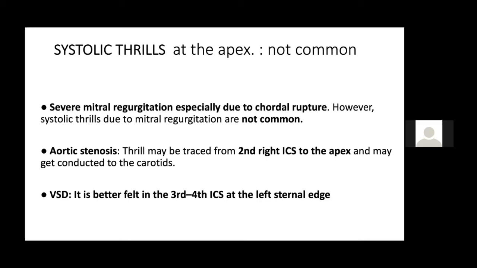So these are a few places where you should get a systolic thrill. However, in a patient with VSD, if the thrill is higher up, like the third and fourth intercostal space, you should think of a different type of VSD, like a subarterial VSD or a double-chambered right ventricle. Also, a systolic thrill at the second left intercostal space is very common in patients with pulmonary stenosis.